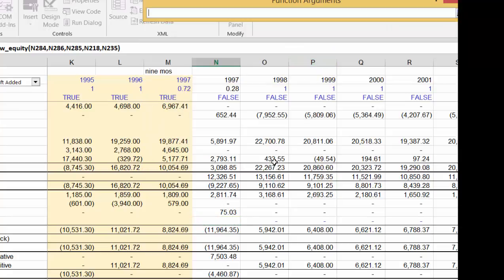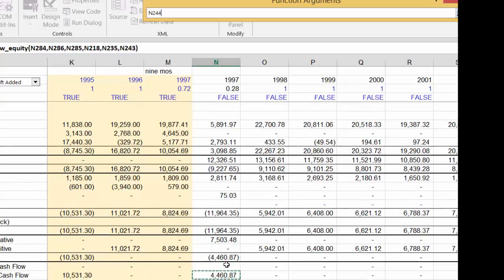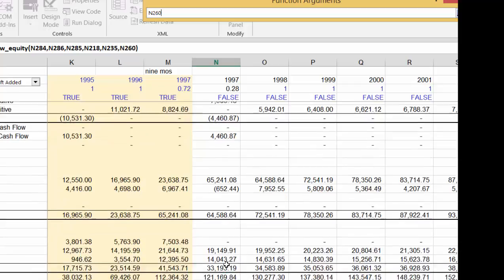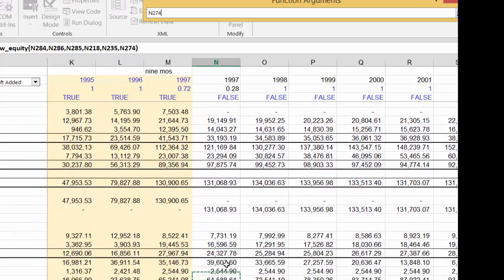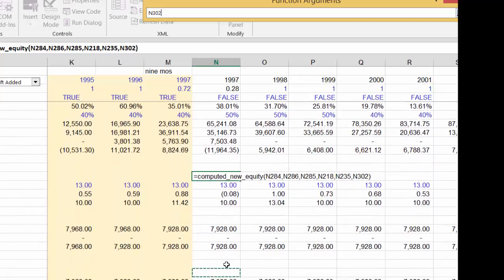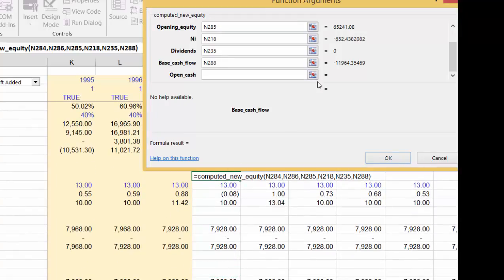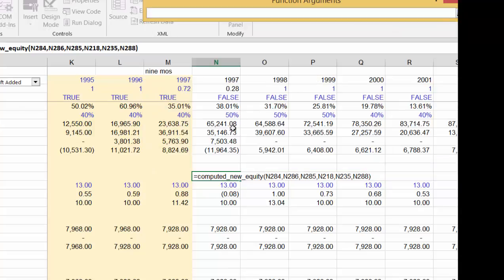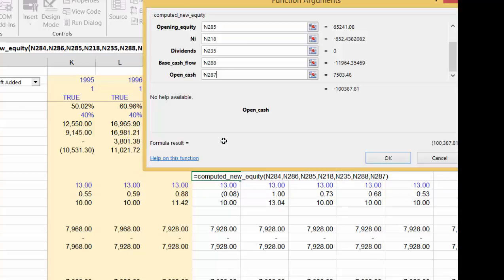And then we have this base cash flow, which I could take from here, but just to make things a little more clear, I put the base cash flow down here, and I called it starting cash flow. You remember how we did that. And the final thing we need is the opening cash. Remember, we needed that one. And that's all we need.